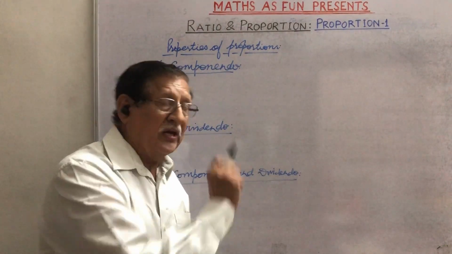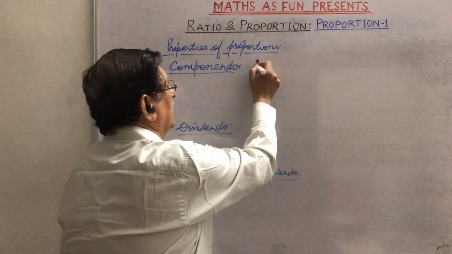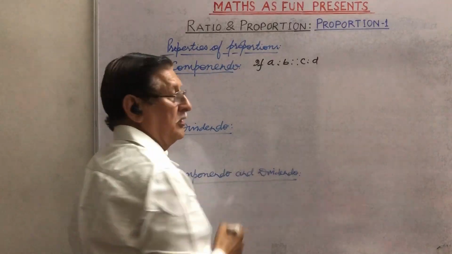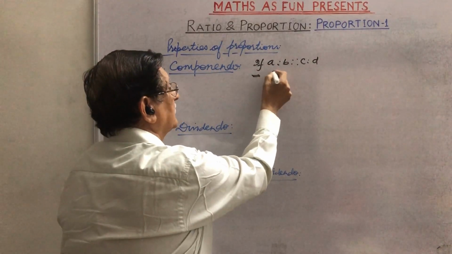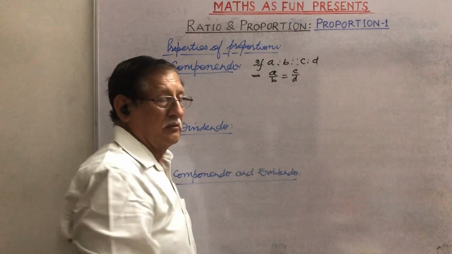The next property we have is known as componendo. What is this? If we have A is to B in proportion to C is to D, do we find that A upon B is same as C upon D?